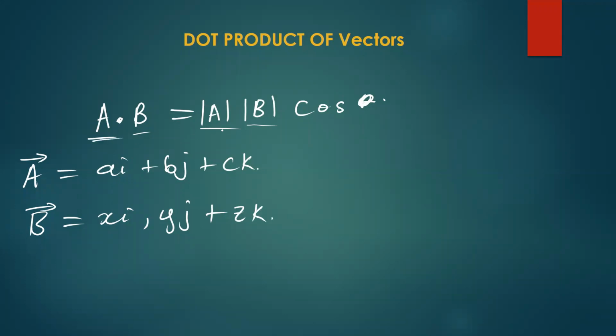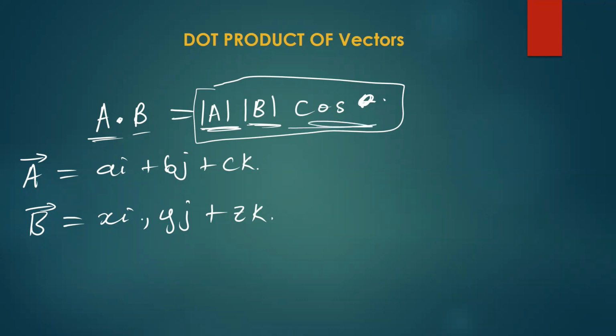If you have not been given the angle between these two vectors, and you've been asked to find the dot product, what you just have to do is to multiply the corresponding terms. Or let me make it clear to you.